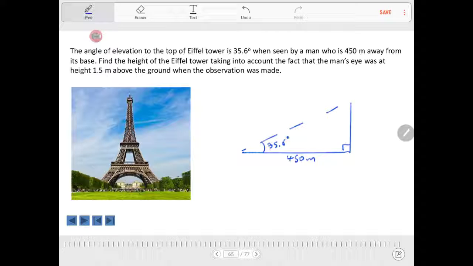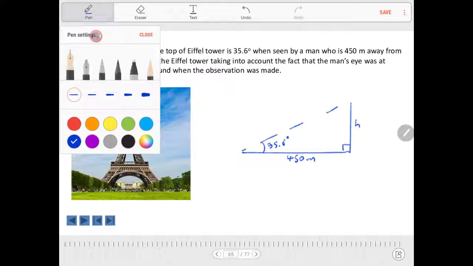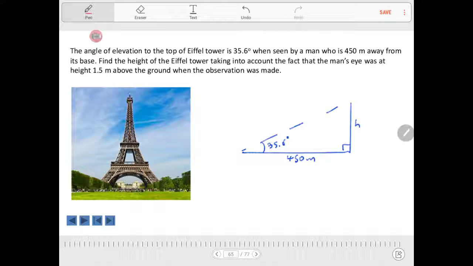Okay, so we want to know how high the tower is, h. In addition to this, we're taking into account the fact that the man is 150 centimetres or 1.5 metres tall.